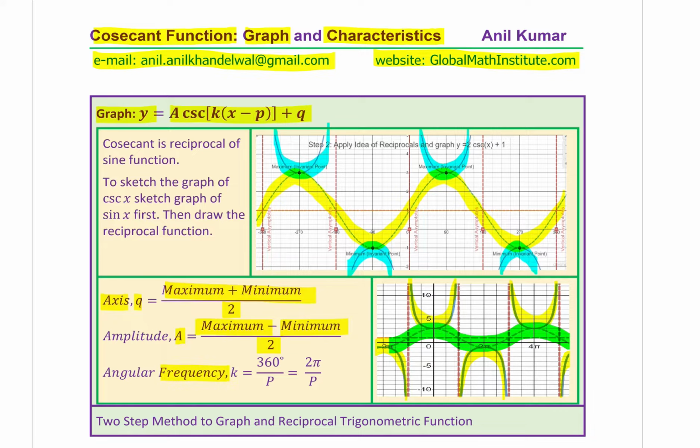The frequency, or K, will be 360 degrees by the period, or 2 pi by period P if you're doing it in radians. So that is how you could actually get the equation for the primary trigonometric ratio sine function. And then from there, you will get the equation for the cosecant function, correct? With the help of examples, we'll understand all these concepts.